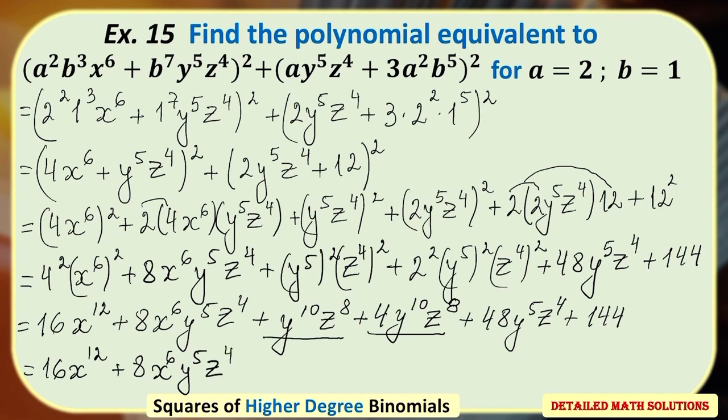And now when I add the middle two terms, I get 5y to the 10th power, z to the 8th power, plus 48y to the 5th, z to the 4th power, plus 144. This polynomial can't be simplified further and is the final answer for this exercise.